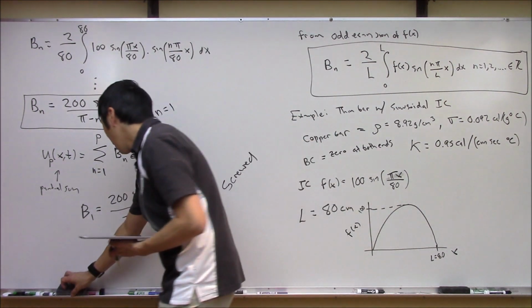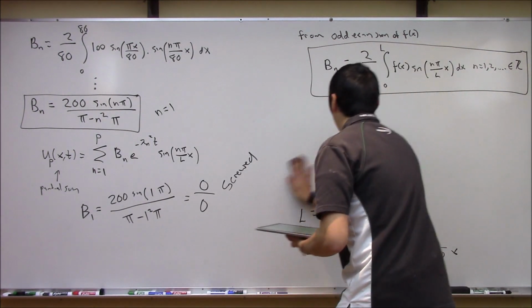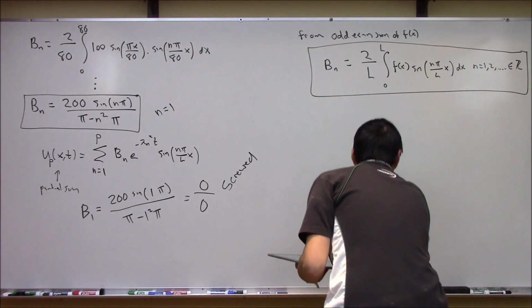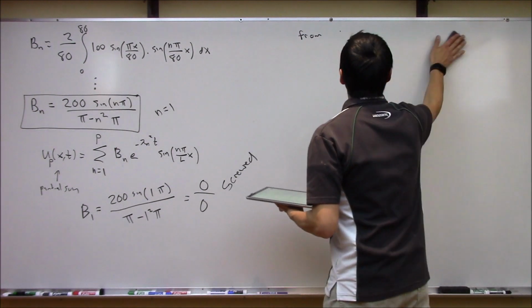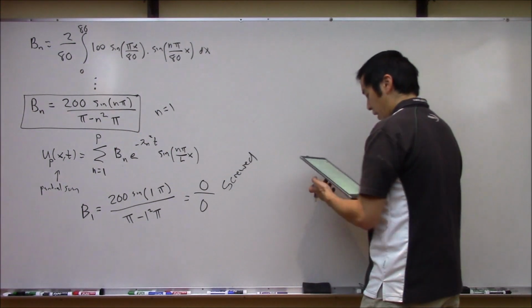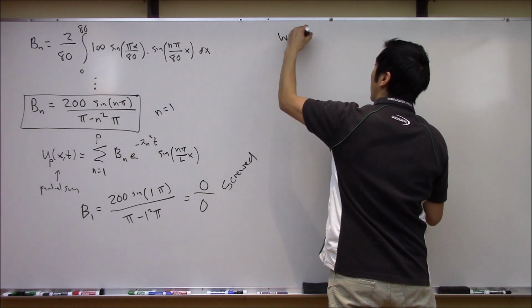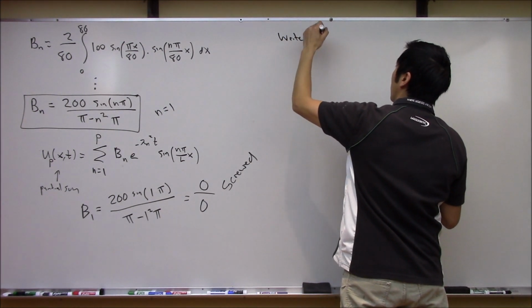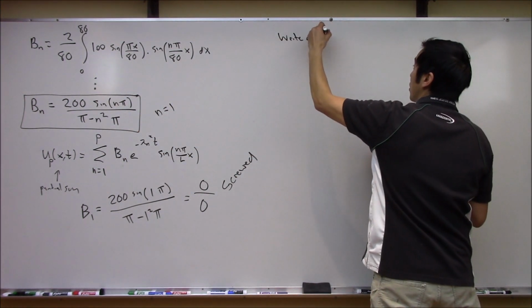To get around this, let's write out the entire partial sum, maybe a couple of terms, and I think we'll get the pattern. Actually it doesn't have to be the partial sum. Let's just write out the total solution.